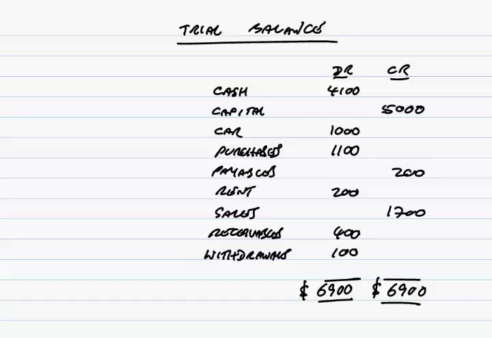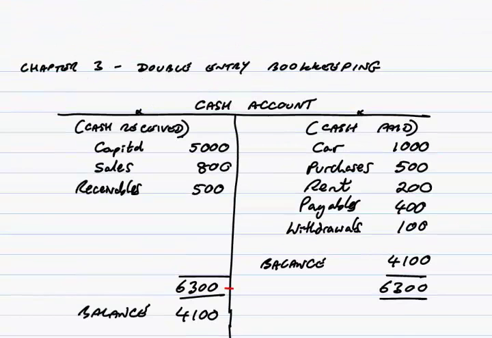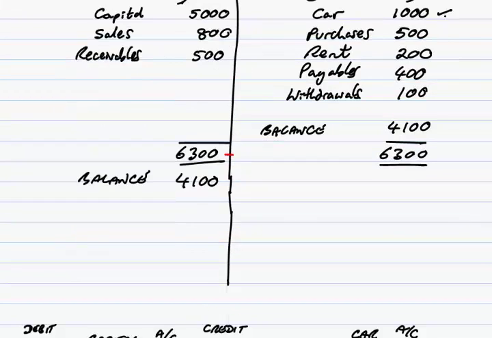But if we were doing things by hand, there are all sorts of mistakes we could have made, which this trial balance would discover. For instance, when we bought the car, if you look back, the double entry was credit cash, debit car. No problem.